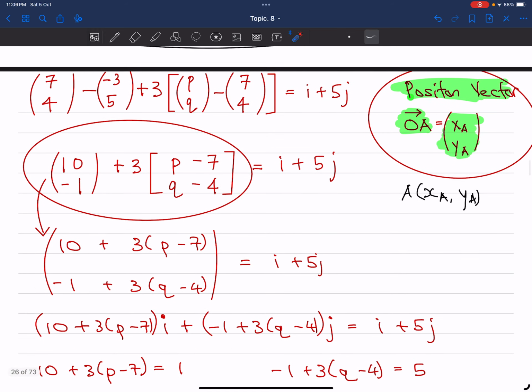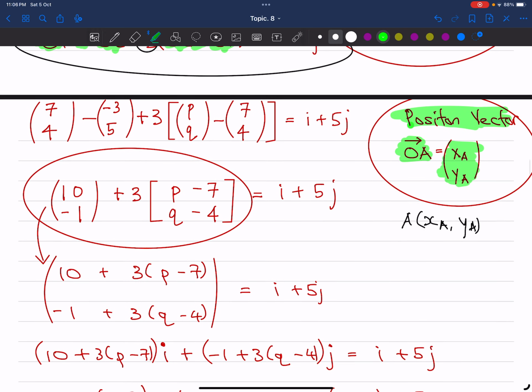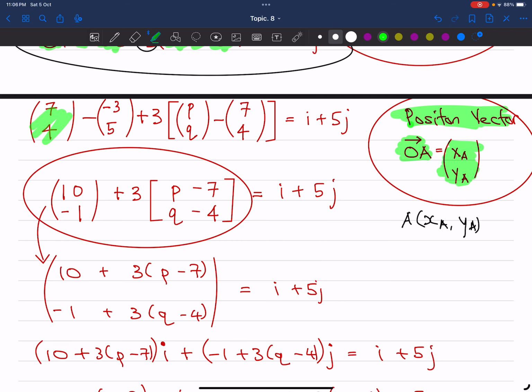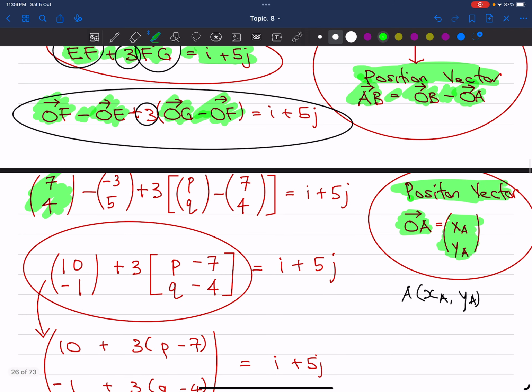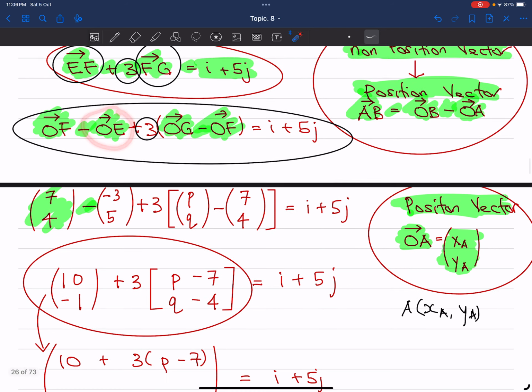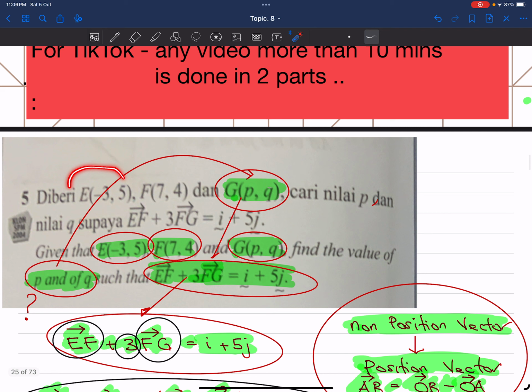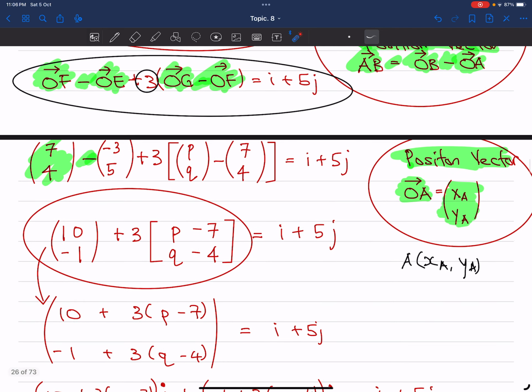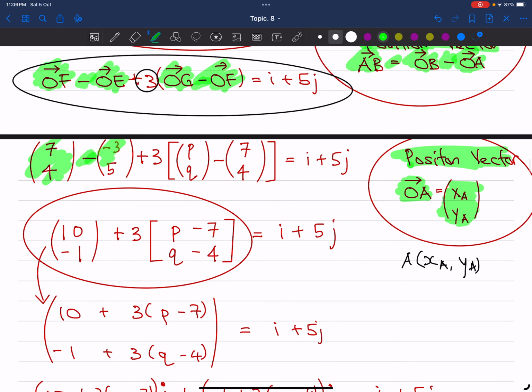So I put back the 7, 4 minus the position vector OE, same as the coordinate E, (-3, 5). And then the 3 I put back.